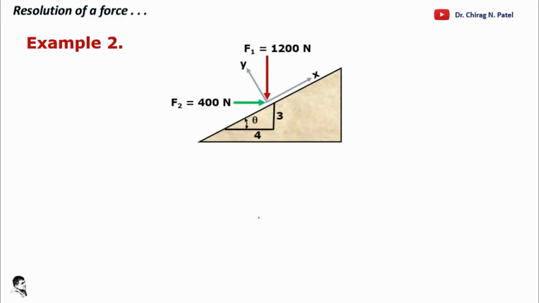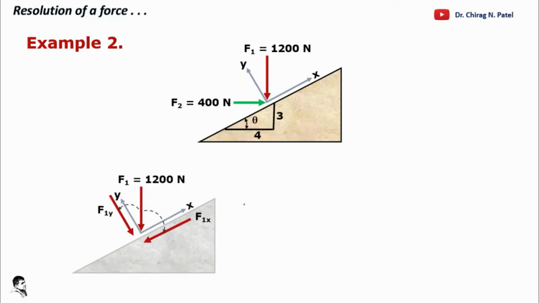So this is the given problem. First of all, we take F1, 1200 Newton, and we need to convert that into two components. The first one is this and the second one is this. One is a parallel component, that is F1x, and another is a perpendicular component, that is F1y.